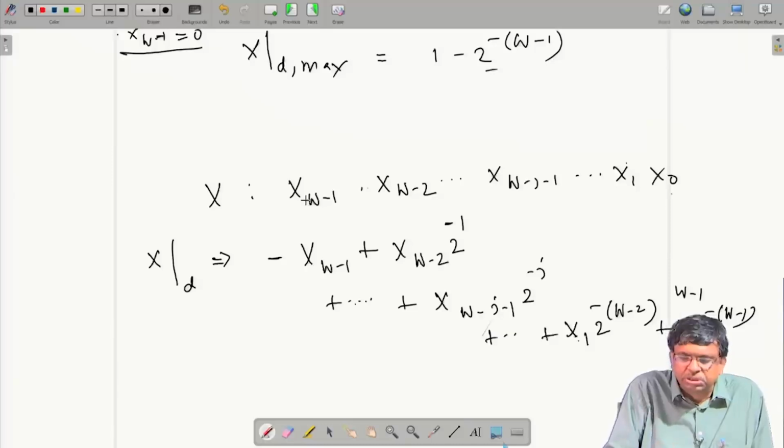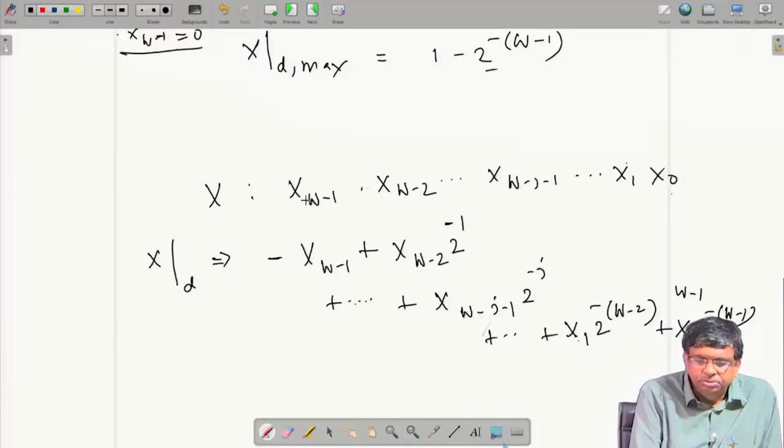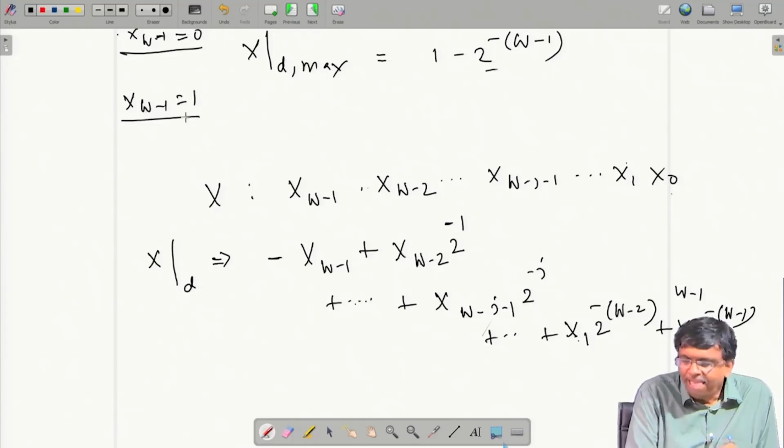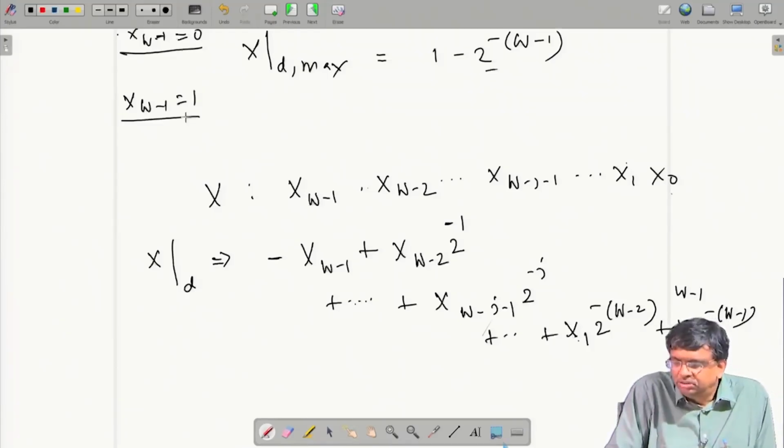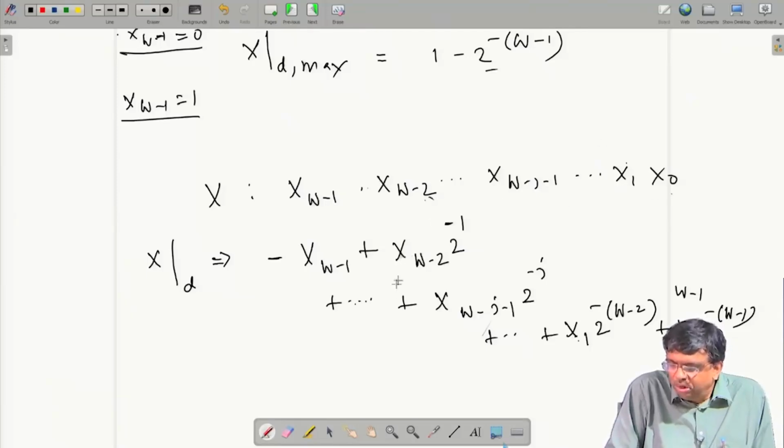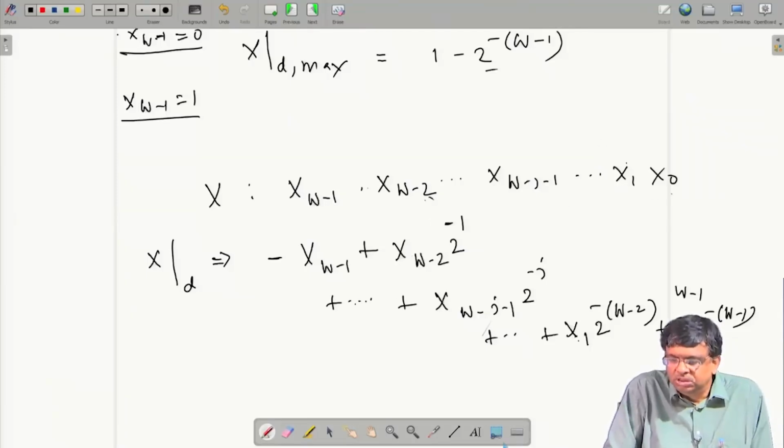Now, suppose the MSB is 1, then I have minus 1 here. If now all the other fellows are zeros, then from all the positive there is no contribution, because 0 here, 0 here, 0 here. So, we have got maximally negative value.